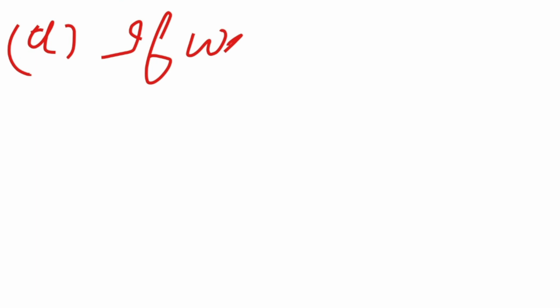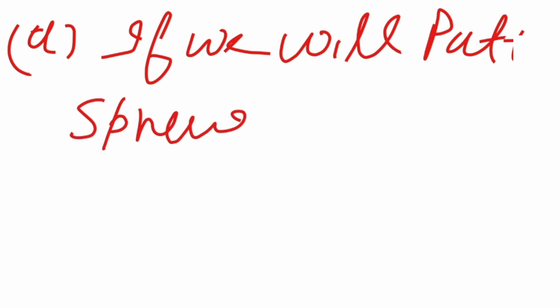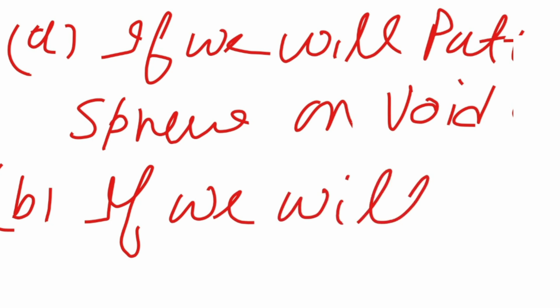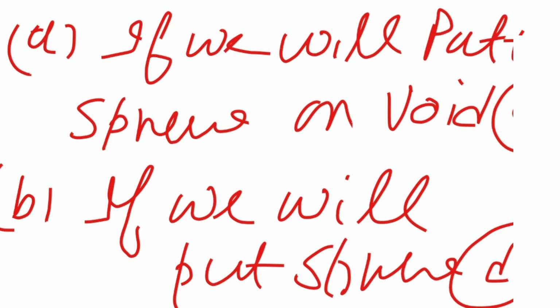In the first part, we are going to discuss if we put spheres on void C, and in the B part, if we put spheres on void D. So we have to put the spheres on void C and on void D. Okay, that only we have to see one by one.